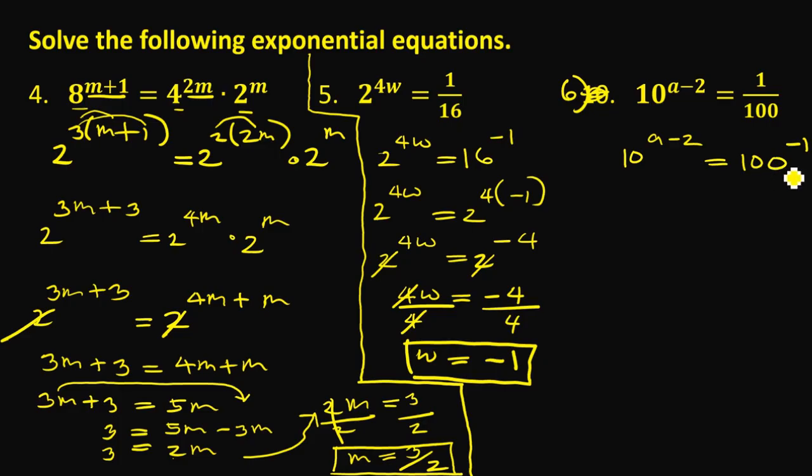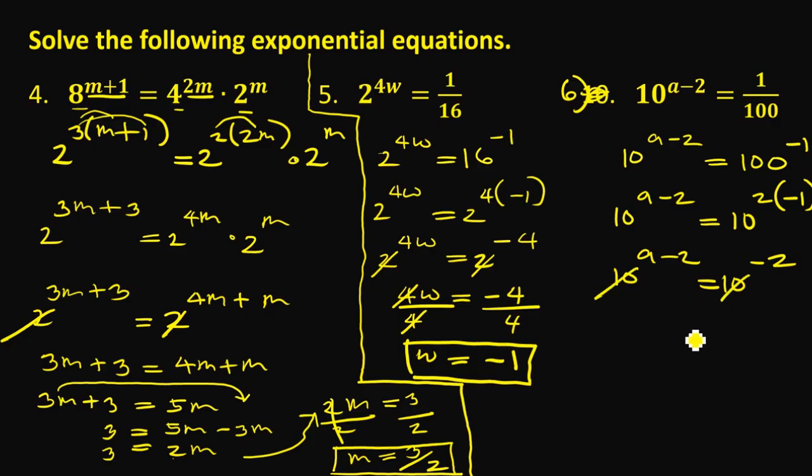We can express 100 as 10 raised to 2 because 10 times 10 is 100. Copy 10 raised to a minus 2 equals 10 raised to 2, or 10 squared, which is 100. Then multiply by negative 1. So we have 10 raised to a minus 2 equals 10 raised to negative 2, since 2 times negative 1 is negative 2.